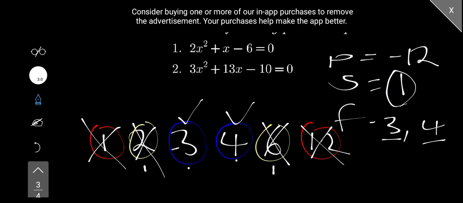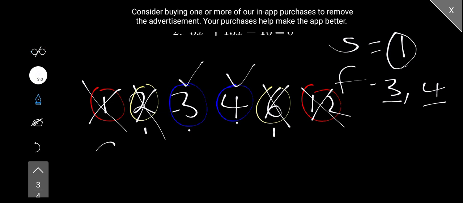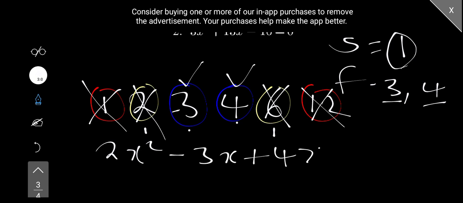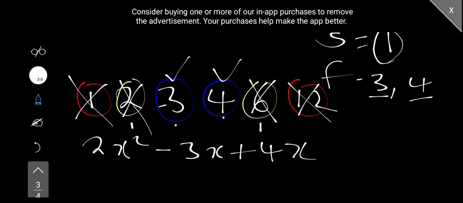So let us replace x with negative 3 and 4. We have 2x squared, then we replace x with minus 3x plus 4x, then we continue with minus 6 is equal to 0.